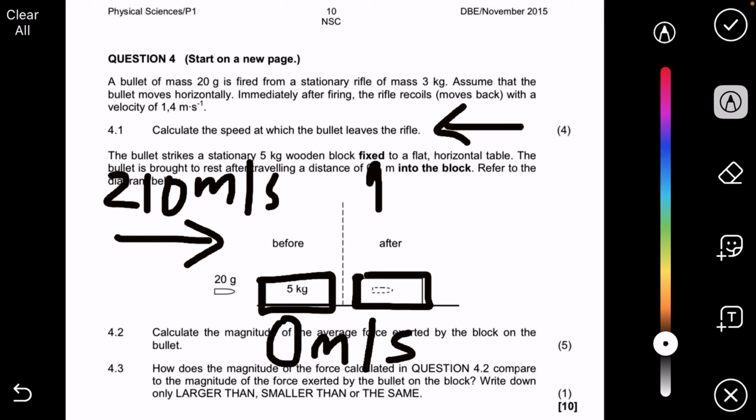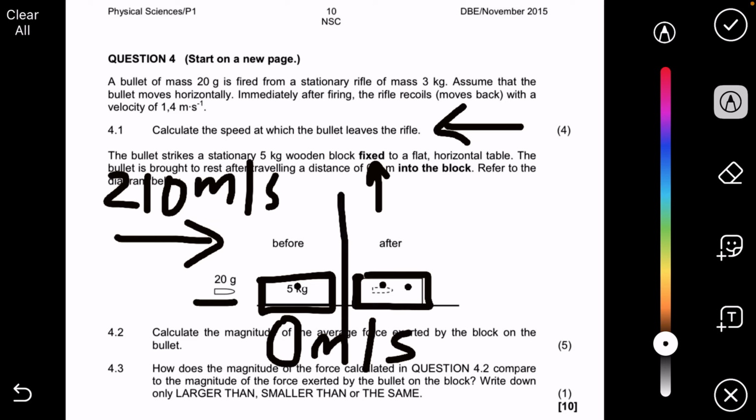Why? Because it's fixed to a flat horizontal table. Obviously the mass of the block before is still the same as the mass of the block after.